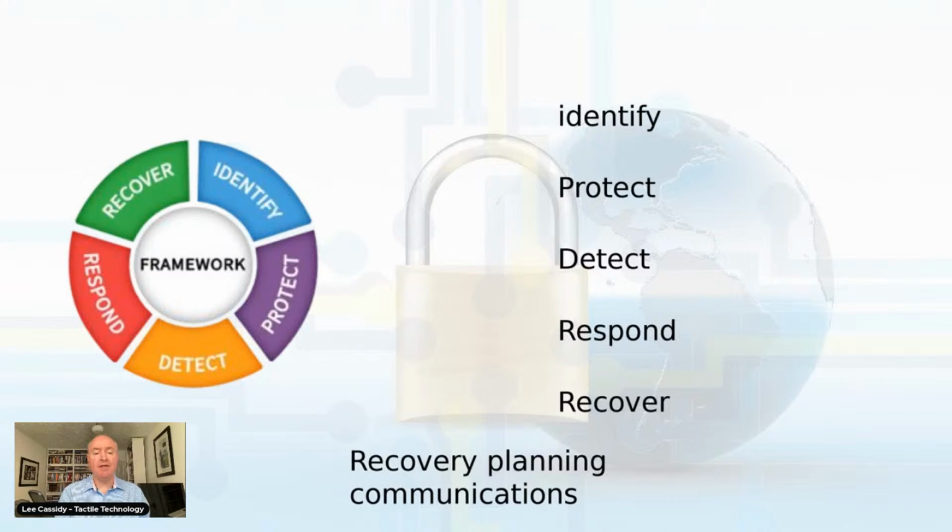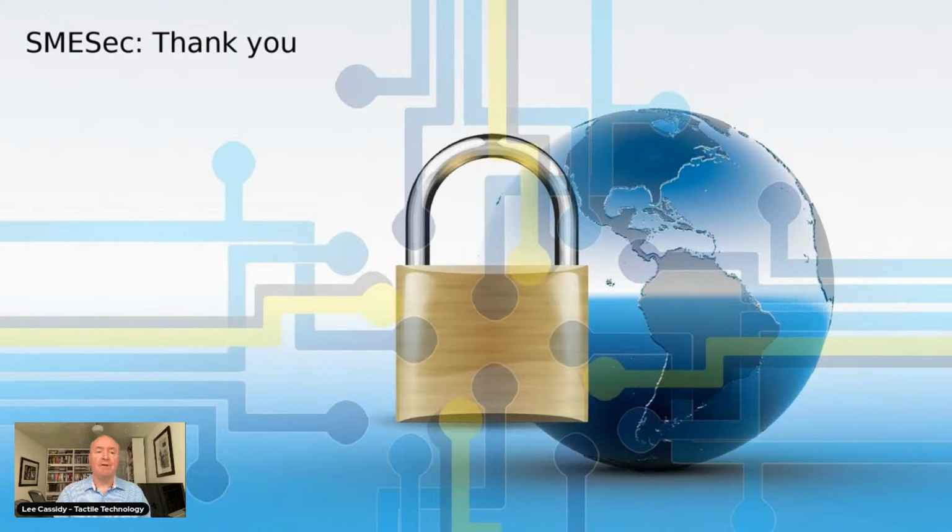So quite a few things within that NIST framework, but it is pretty straightforward. The idea is just giving you layers of protection. So understanding what you've got and the risk levels you've got with those, how you're going to protect against any kind of cybersecurity threat for that infrastructure you've identified, and looking at your risk level, the amount of risk you're prepared to take in each of these areas, looking at a way that you can actually detect that you've been attacked, how you can respond to it, and then how you can recover.